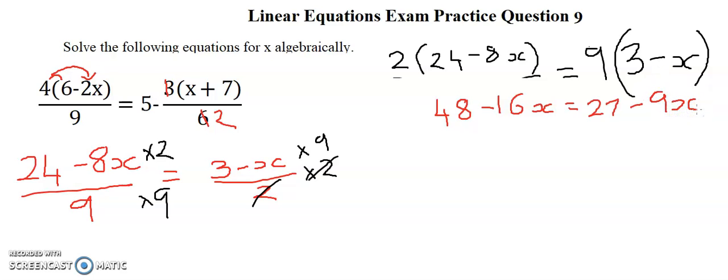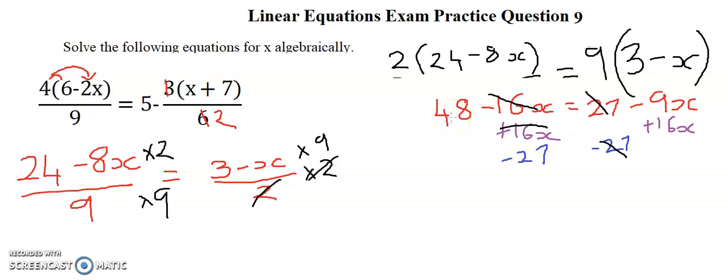Now we just need to get x onto one side, and we need to get our constants onto one side. So I am going to add 16x to both sides. And at the same time, I will take away 27 from both sides. Because of that, 27 take away 27 cancels out, and negative 16x plus 16x cancels out.